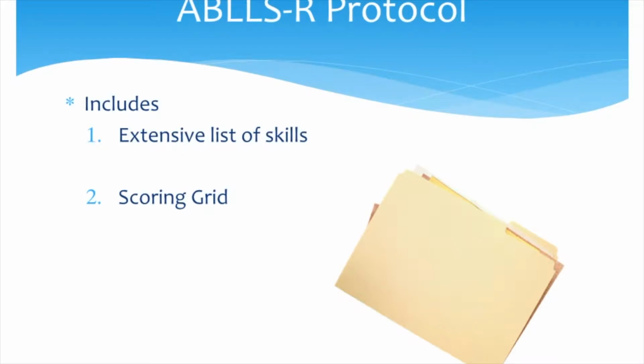The Protocol provides parents and professionals with criterion-referenced information regarding a child's current set of skills that can serve as a basis for the selection of educational objectives. The protocol also includes a set of scoring grids that makes it possible to observe and document the learner's progress in the acquisition of the skills. The protocol should not be used without the guide, and instructions for the use of the protocol are provided in the Guide as well.